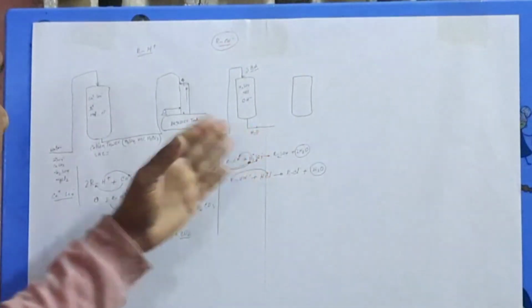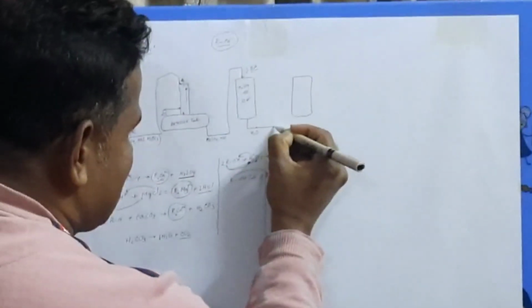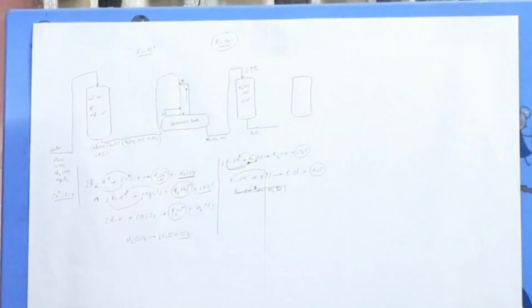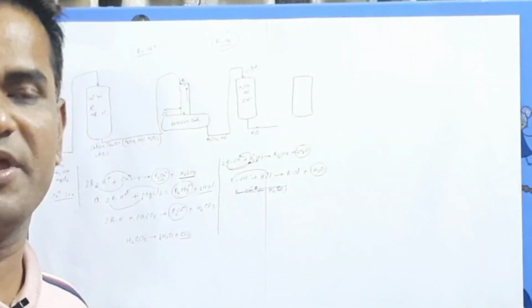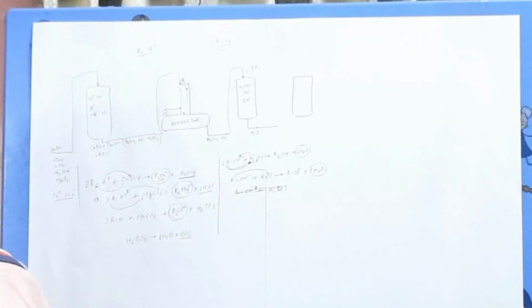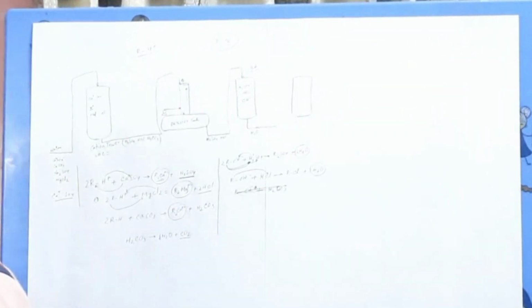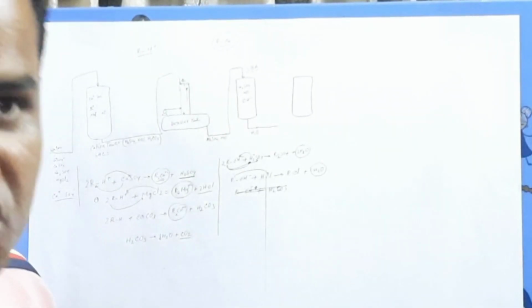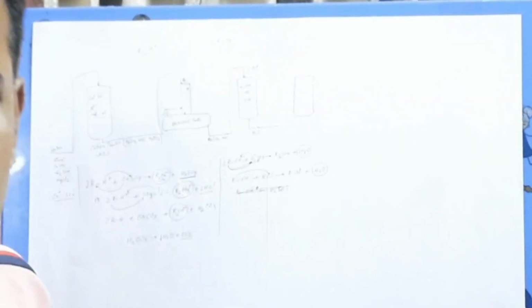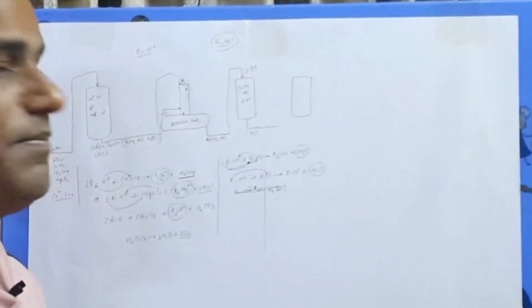If these impurities pass, if any positive or negative ions are present, what will happen? They will react in the next step and can create corrosion, block the tube, and cause erosion. That's why we have to remove these impurities.